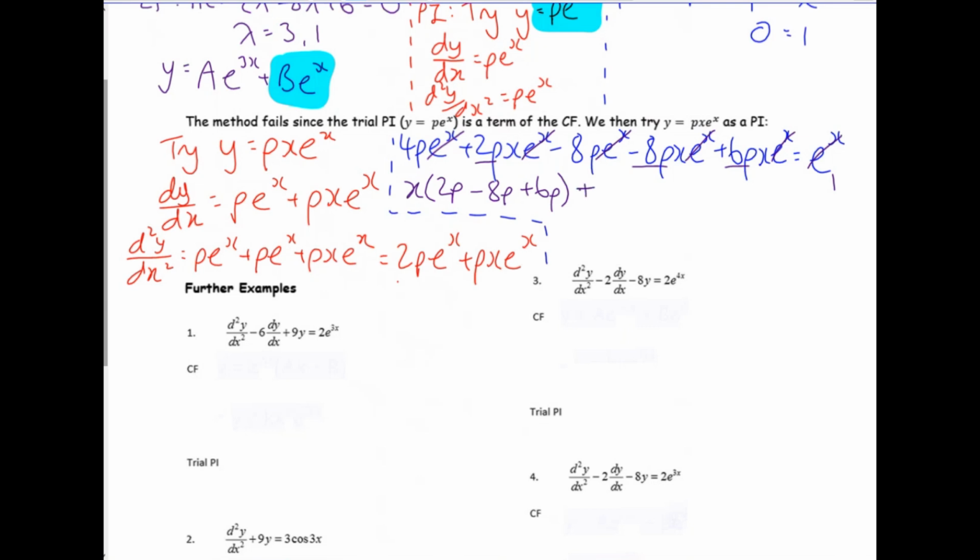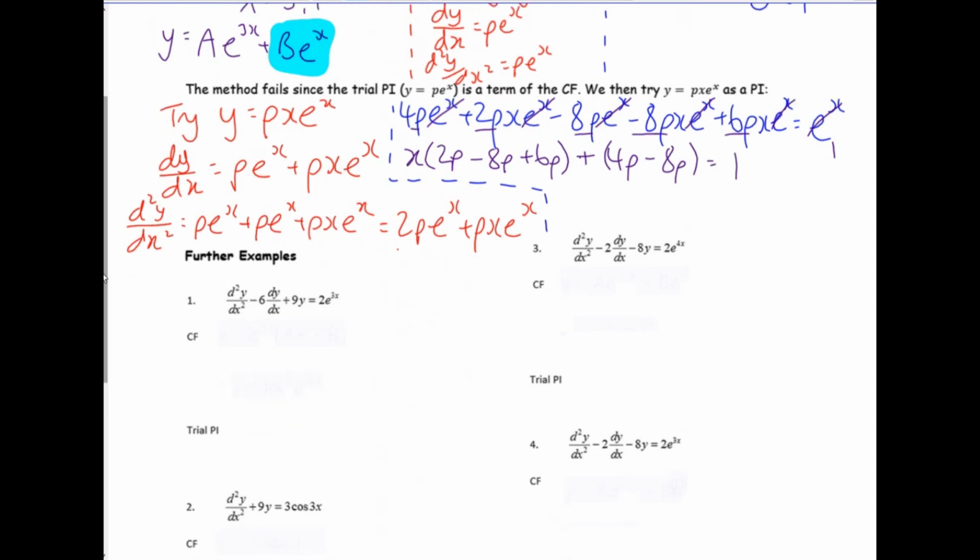Then our number terms, we have 4p from this one, and minus 8p from this one, and that's it. So the x terms disappear, since 2p minus 8p plus 6p is equal to 0. But here we've got minus 4p is equal to 1.